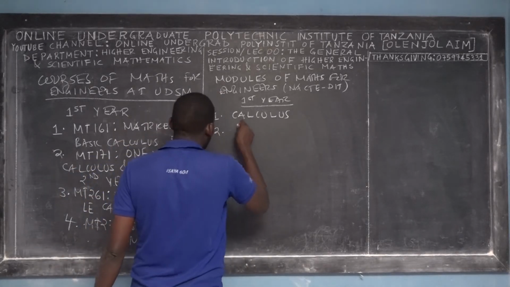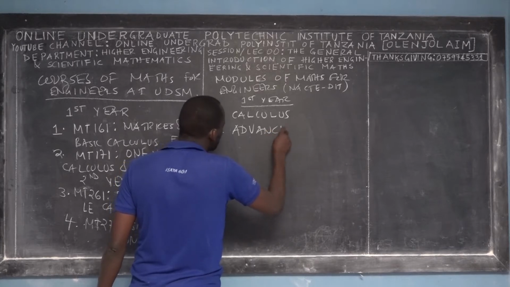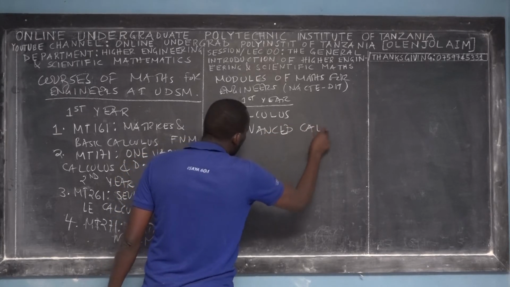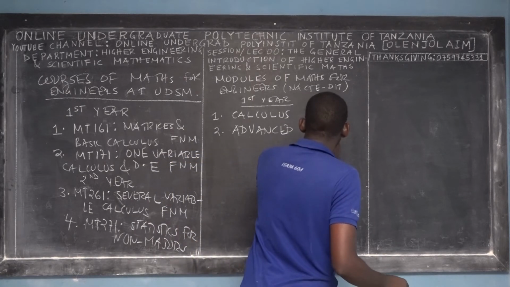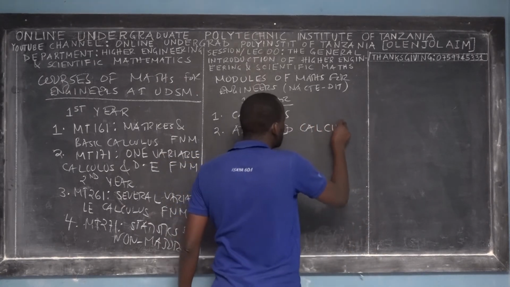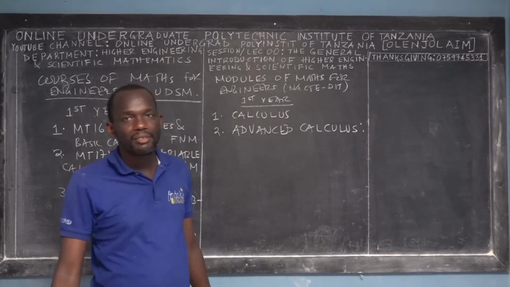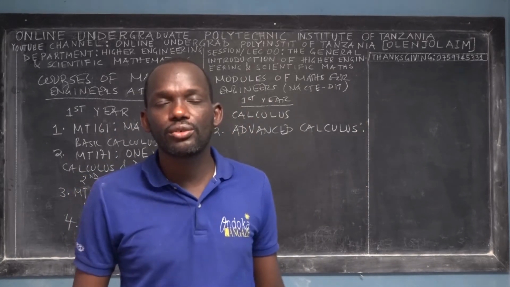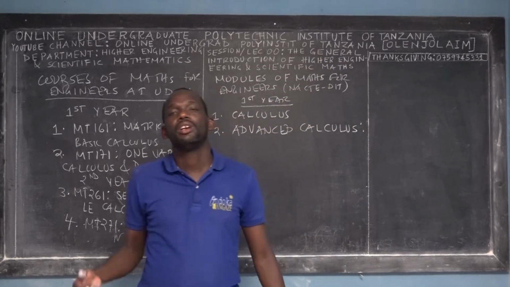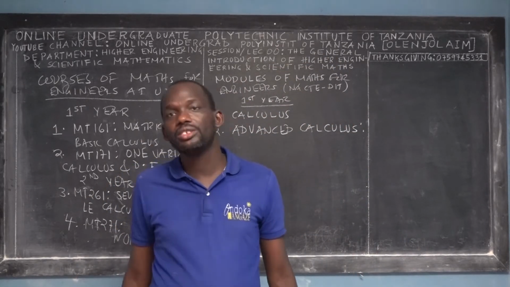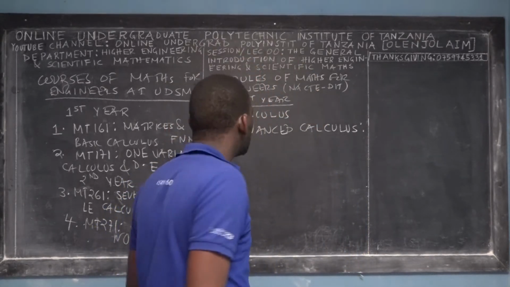Then the second module for the first year is called advanced calculus, which will cover beta and gamma functions, Fourier transform and inverse, Fourier integrals, partial differential equations, and also vector calculus.